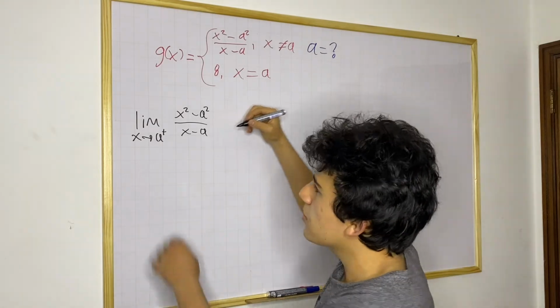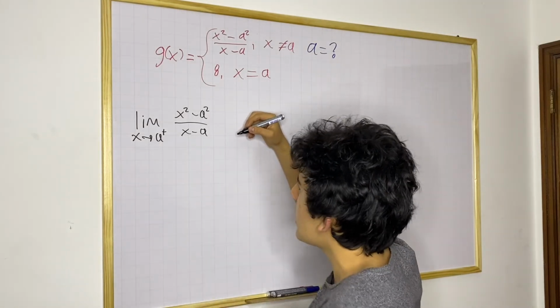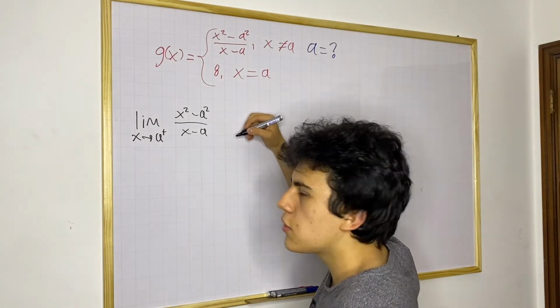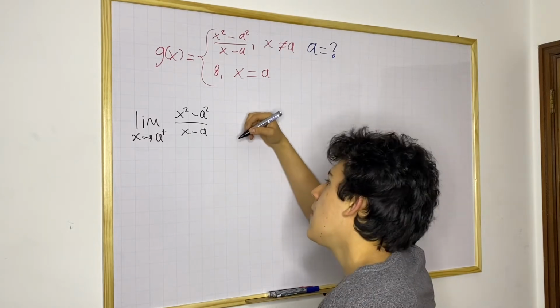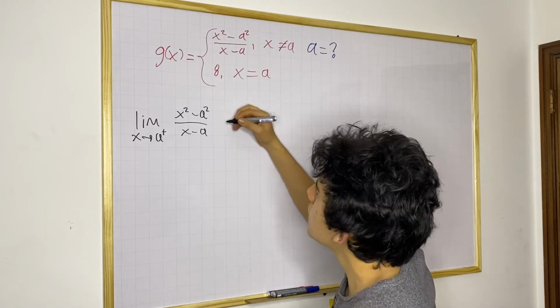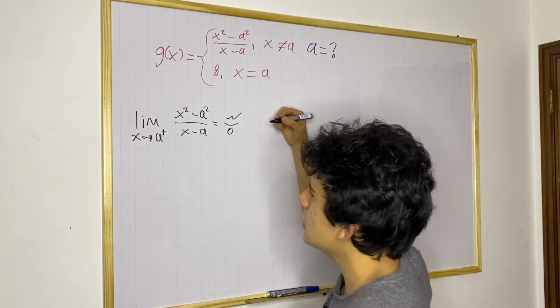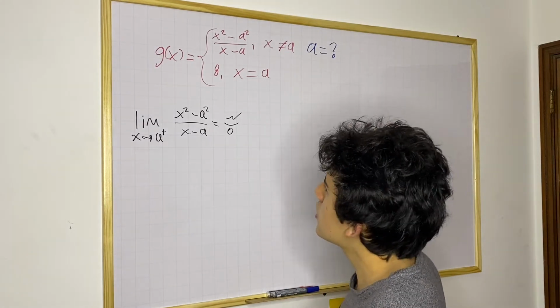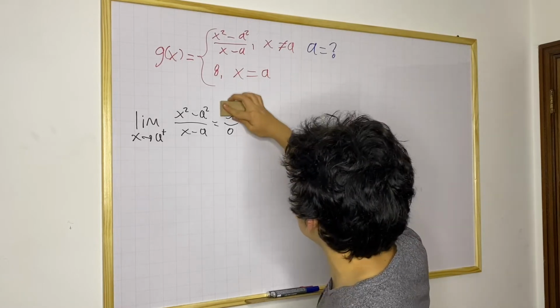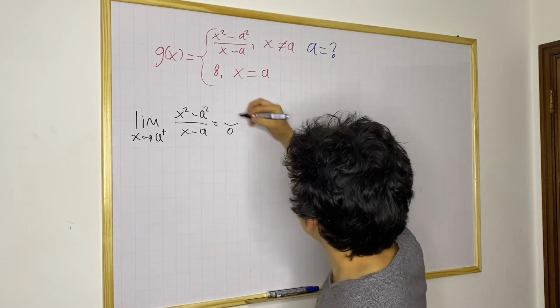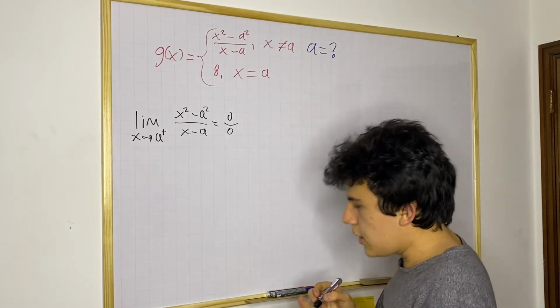Now, straight up, you can see that if we try to plug in a in there, when trying to set this continuity definition, we would get a denominator of 0. We would actually also get 0 on top because we would have a squared minus a squared. So we would get 0. And now this doesn't really work.